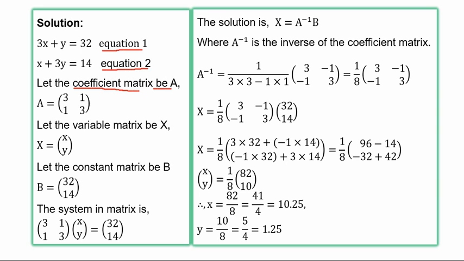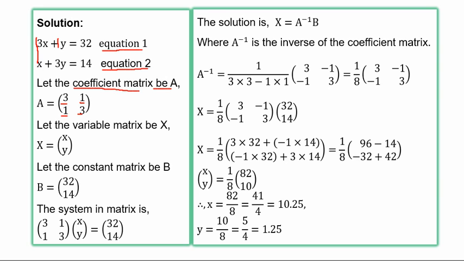You obtain that matrix by considering the s column and the y column in the two equations. In the s column, the coefficient of s in equation 1 is 3 and in equation 2 is 1. For the y column, the coefficient of y in equation 1 is 1 and in equation 2 is 3.